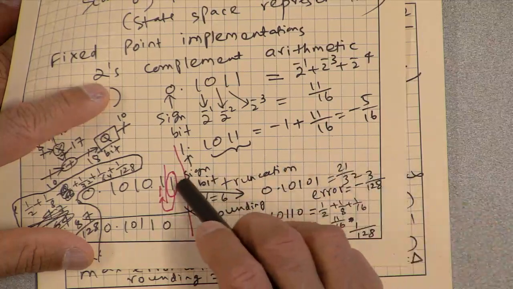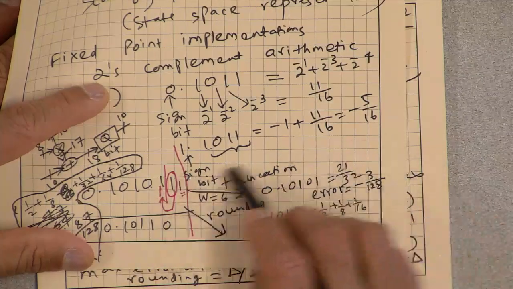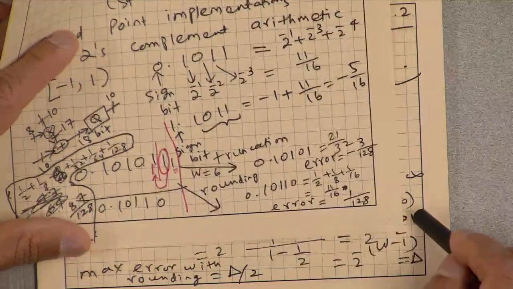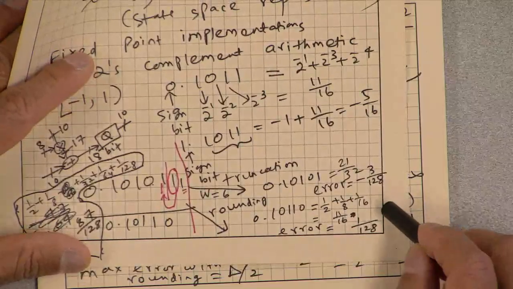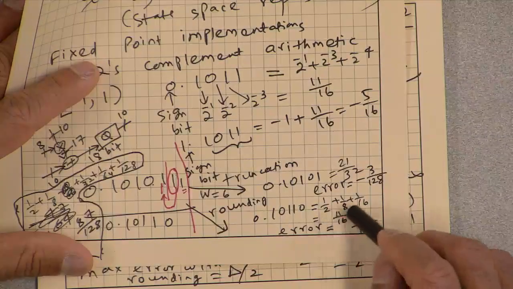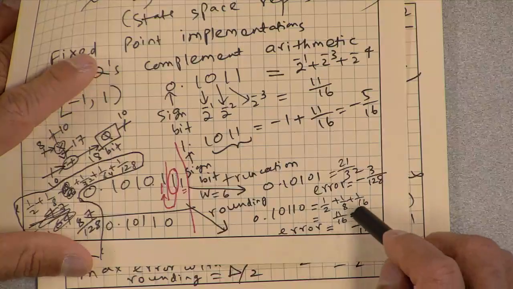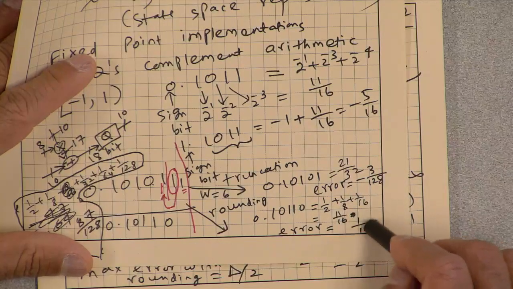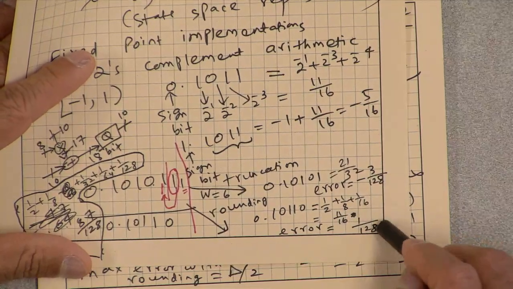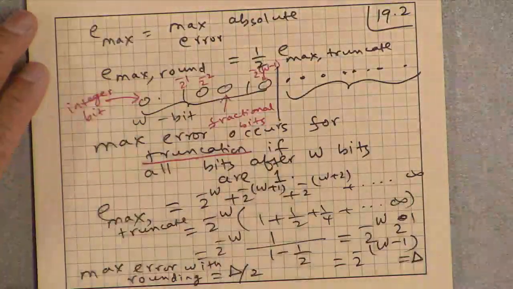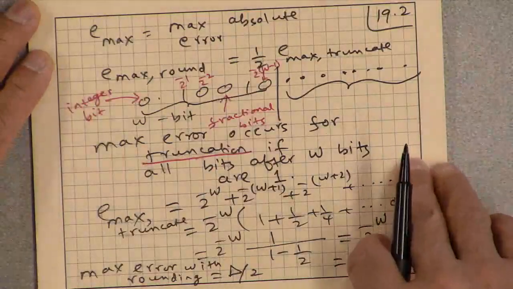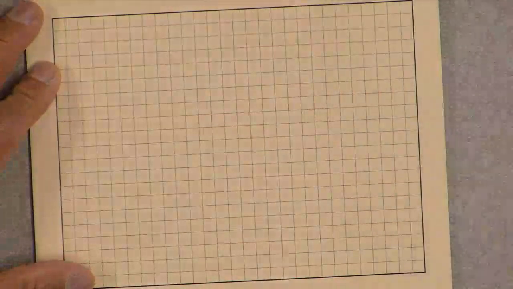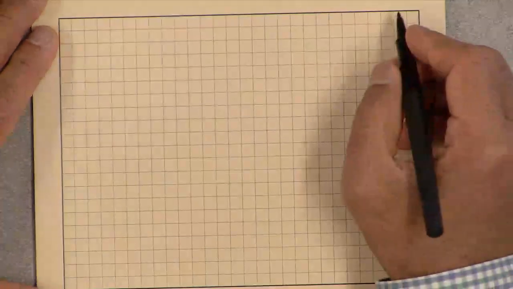Think about a 500-bit or 100-bit number with all ones going on. And rounding would be half of the truncation error, which would be 2 over 128, and that's less than that. So this is 1 over 128, which is less than the maximum. And so, those are the concepts of scale, truncation and rounding.